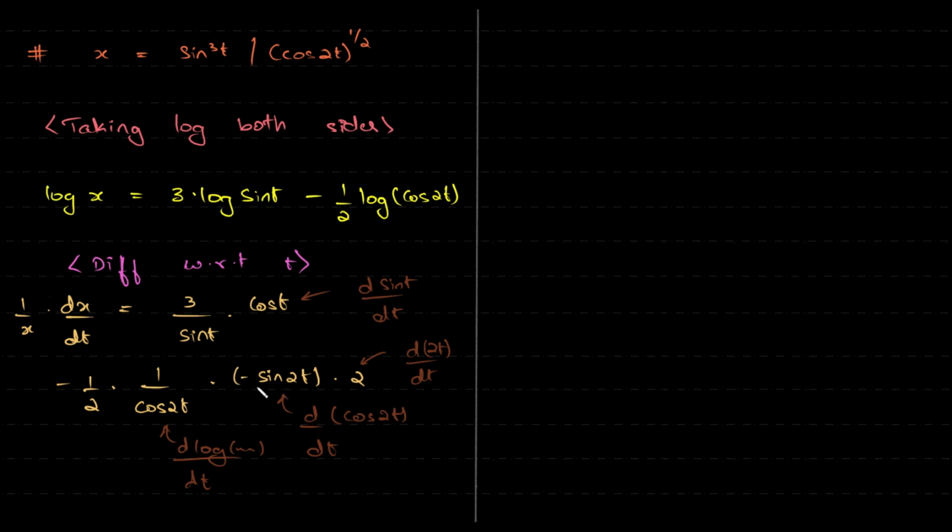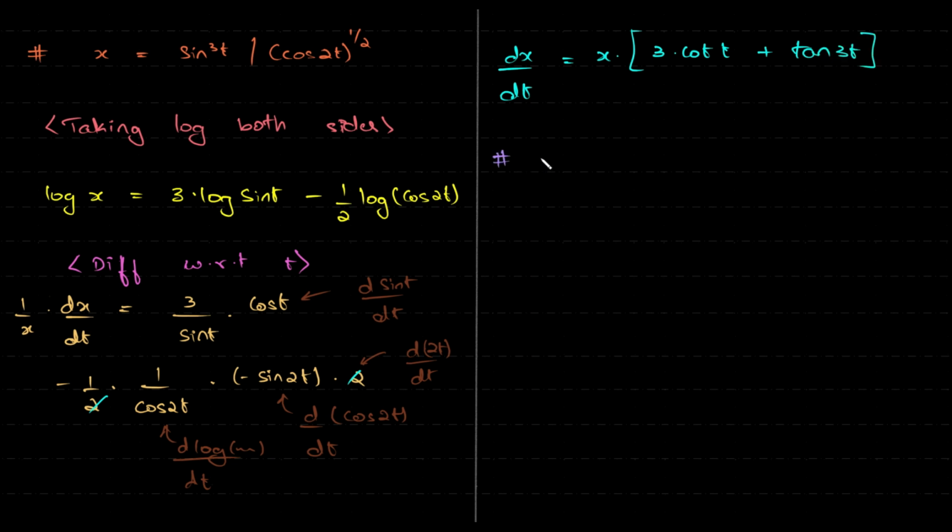You need to understand what to write and how much to write in your exam. Don't write everything in detail. So dx by dt is equal to x times 3 cot t plus, here 2 and 2 get cancelled, and we have tan 3t.